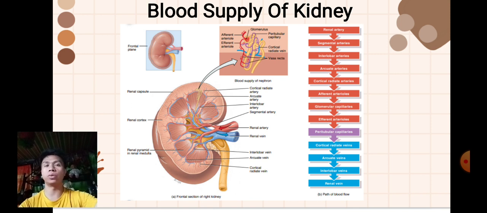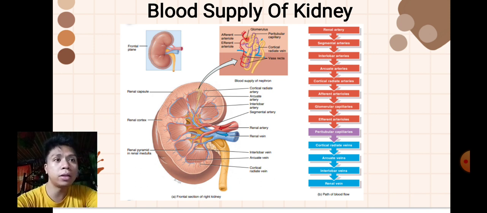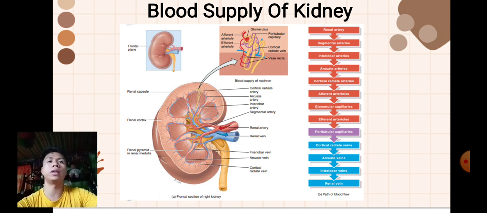Okay, next slide. Within the kidney, the renal artery divides into several segmental arteries, then the interlobar arteries and the cortical radiate arteries. So there are many branches of arteries from the main artery located at the hilum.